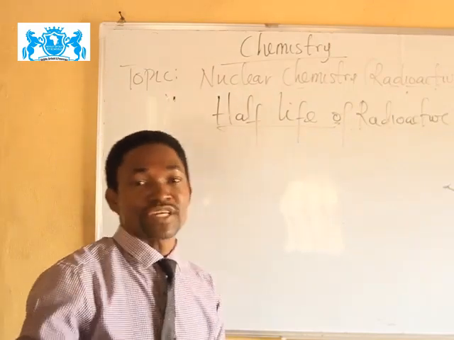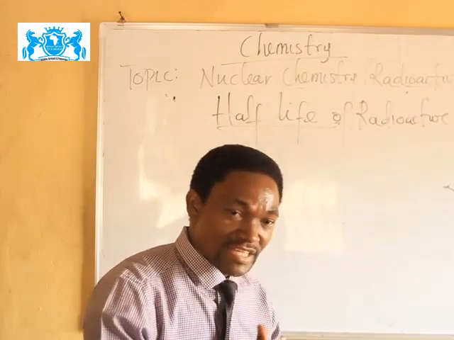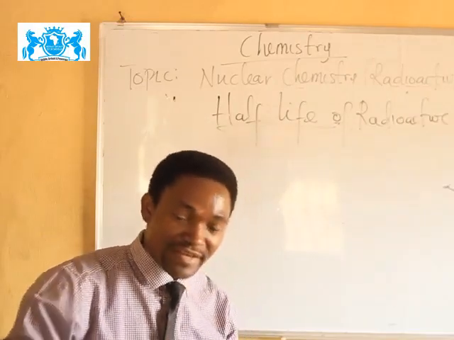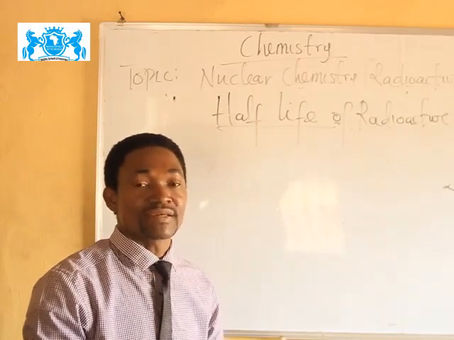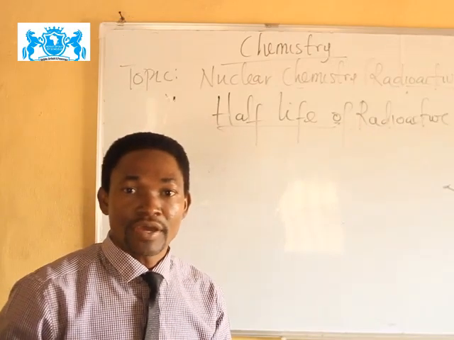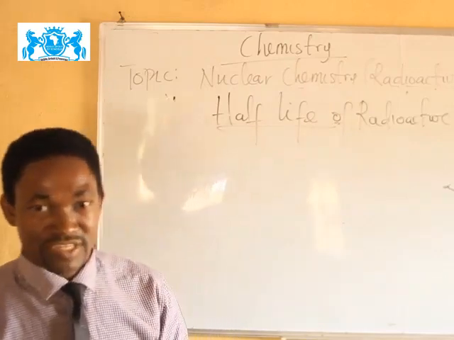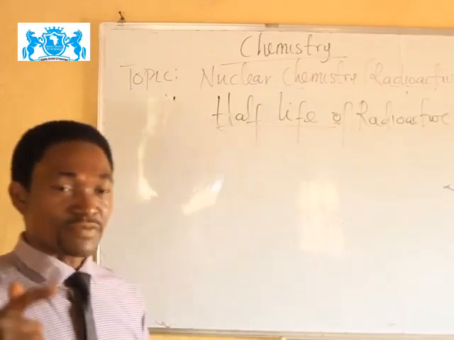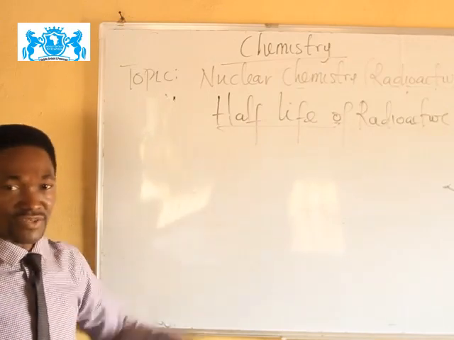So the total time taken for the entire mass to be left with half of what it started with when the radioactive material undergoes radioactive decay is referred to as the half-life of that radioactive material.